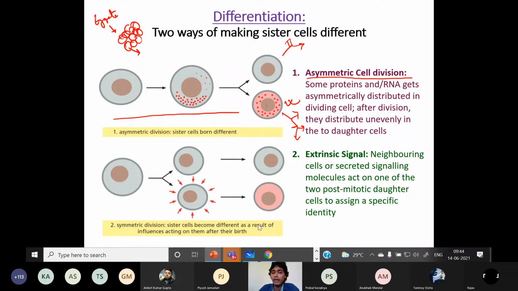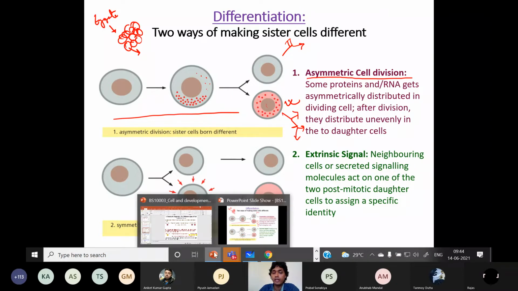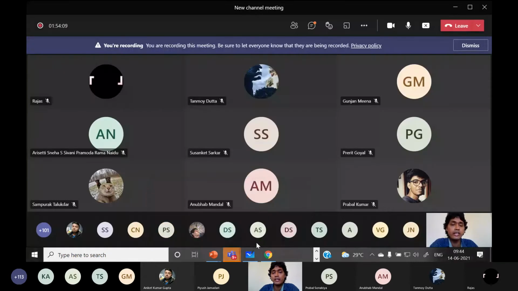Again, I am telling all of you, particularly Tanmay, you asked this question: these asymmetric divisions primarily happen during the development process. We are growing inside our mother's womb during that time, mostly. In the adult body, when some scar or cut happens and cells get divided and replenished, those are not asymmetric divisions, those are mostly symmetric divisions, meaning from one cell you get two cells.